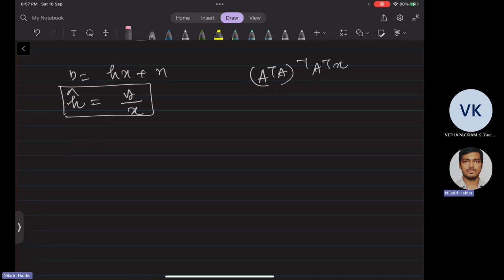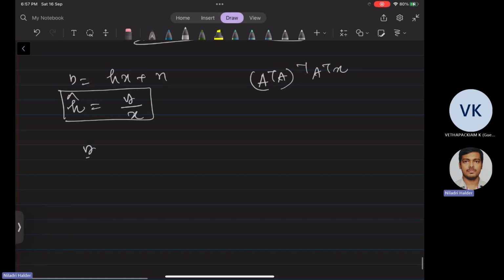Now let us take the vector case. Y is one vector and X is also one.